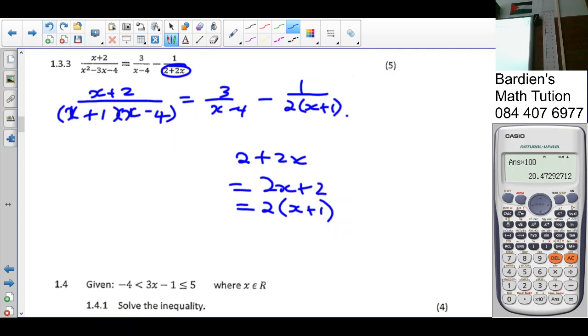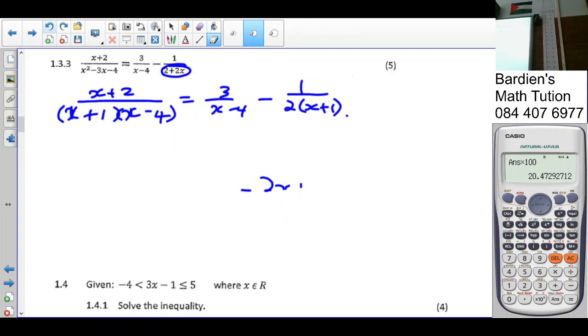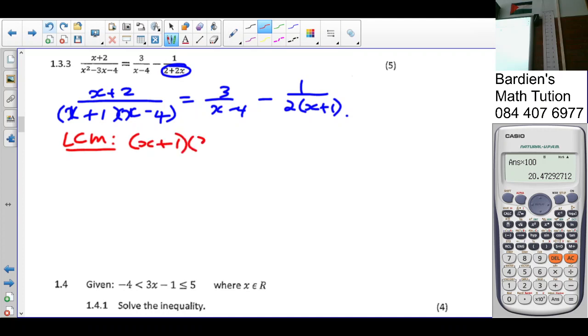No? What's my LCM? x plus 1, x minus 4. And the 2 here. I've accounted for that, that's accounted for. Okay? So the 2 is short.